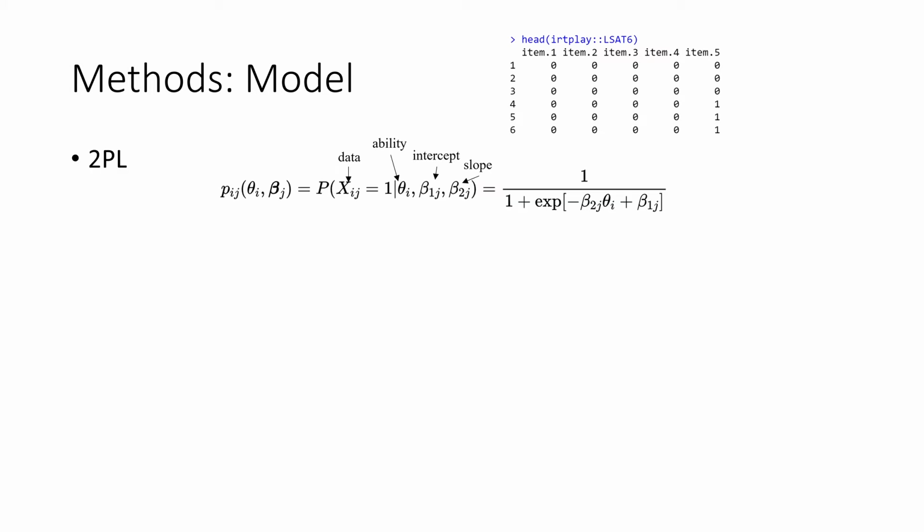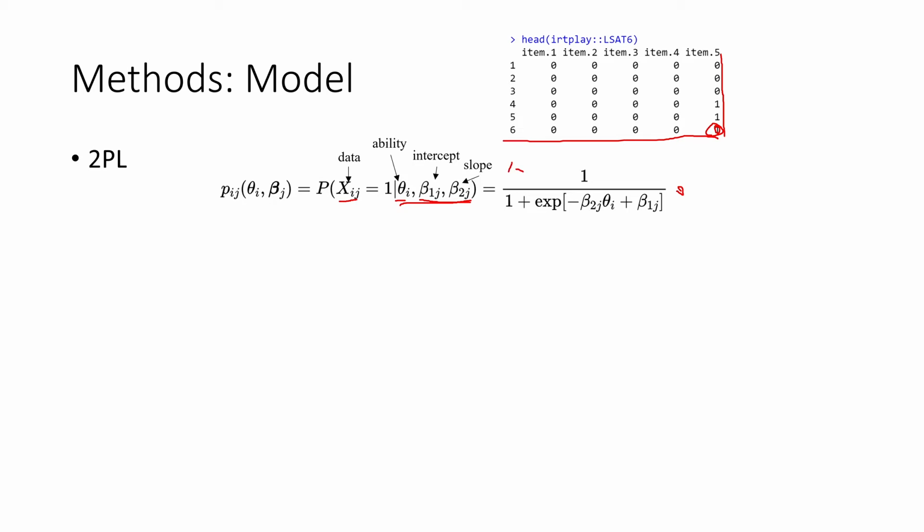Here is the 2PL model. We have observed data x and 3 parameters to be estimated. Theta i is the ability of examinee i, and beta 1j and beta 2j are parameters for item j. This is the probability of getting a 1 for examinee i on item j. And the probability of getting a 0 in this cell is simply 1 minus this expression.